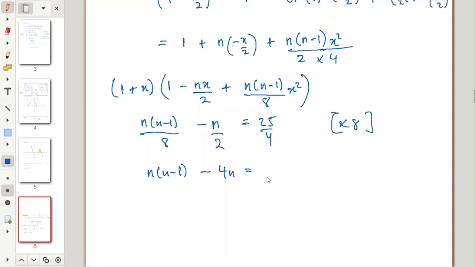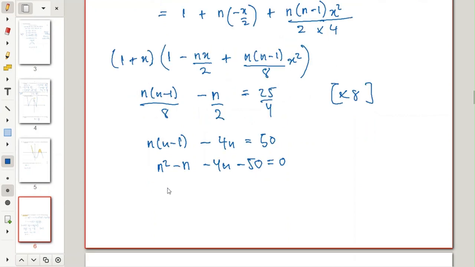Okay. So that will be 2 times 25, which is 50. You can clearly see that you're getting a quadratic. N times n is n squared. All right, so you're going to get n squared minus 5n minus 50 is equal to 0.